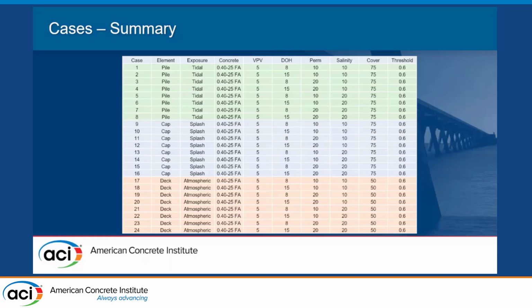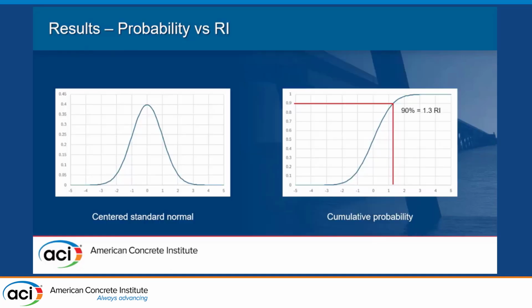The cover is only one value. As I said, I tried 50 also, and I'll show it later. For the threshold, we have one distribution. So blending all this together, we have those 24 different cases, and it's expressed in terms of probability or reliability index, which I'm going to show you a bit later.